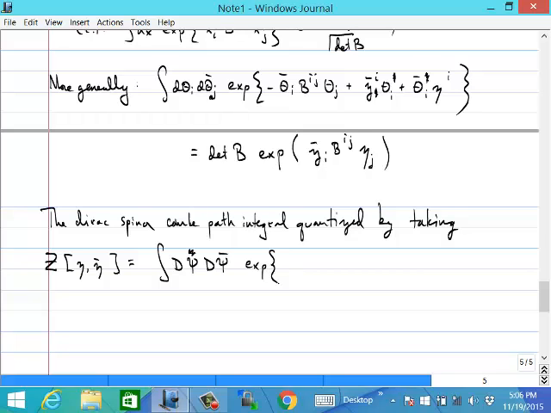And just as in the free scalar field case, this is going to be weighted by the Dirac action, so an integral d4x psi bar times i d slash minus m psi. And we need to introduce some source terms. So these would be the analog of the J's that we introduced to study the generating function for the real scalar field. And treating psi and psi bar as independent variables, I've introduced sources, eta bar and eta, which are sources for psi and psi bar, respectively.